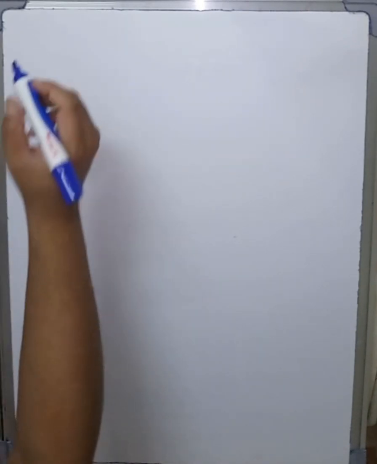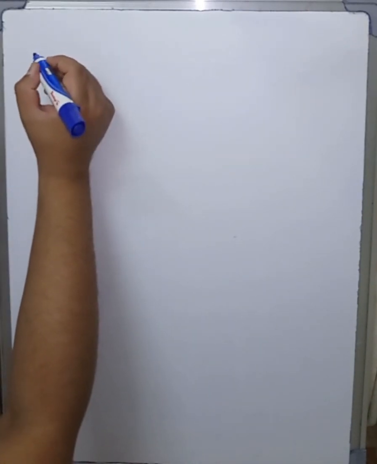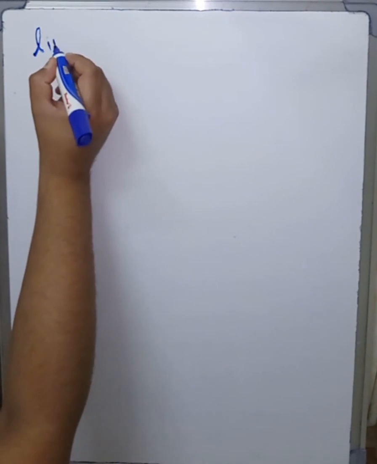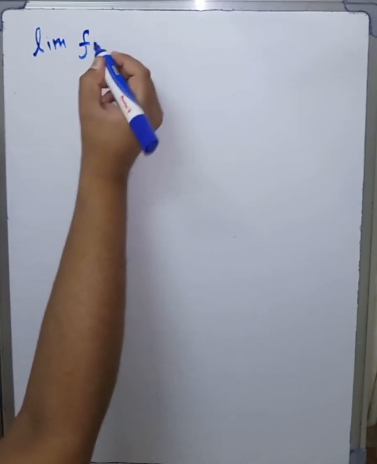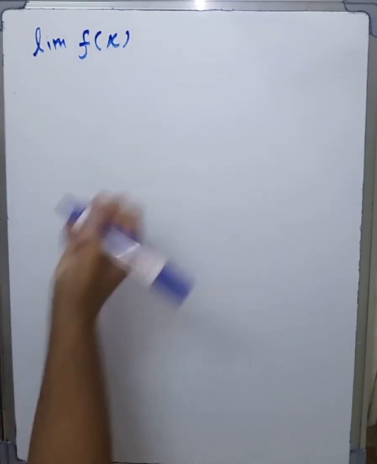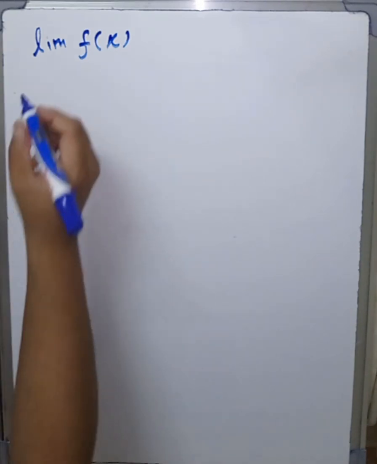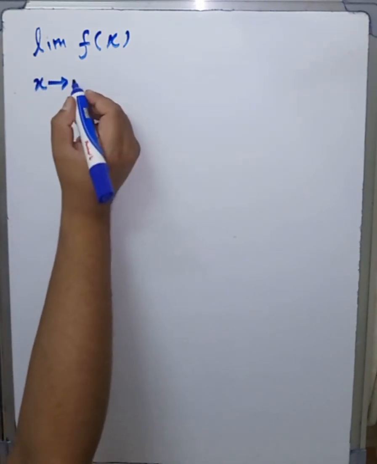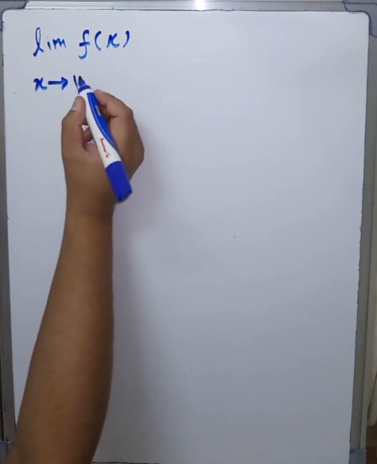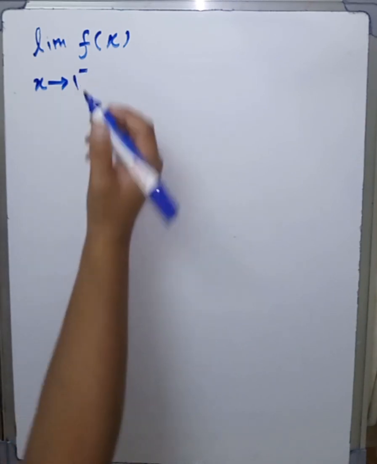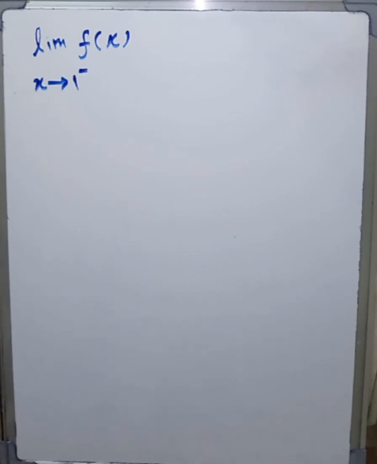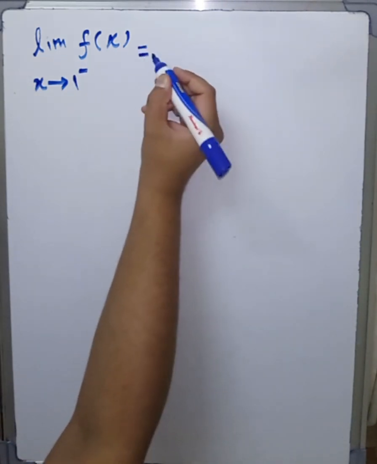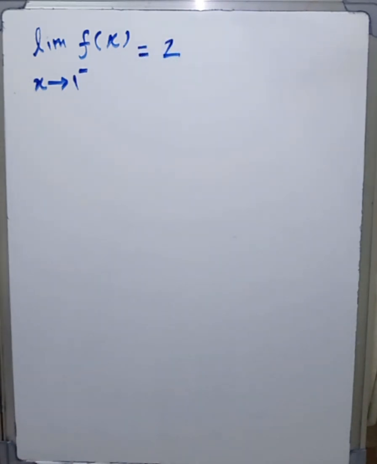So what we observed so far: the limit of the function f(x) as x tends to 1 from the left side was equal to 2.